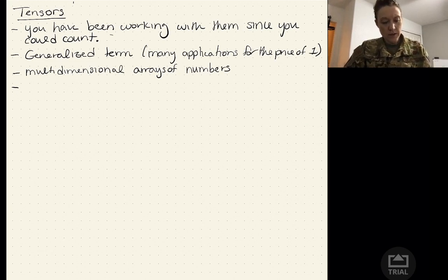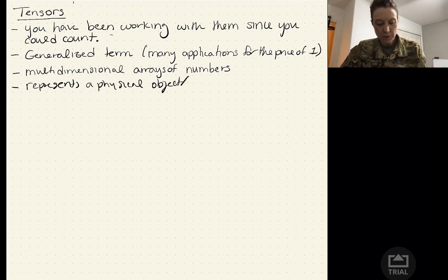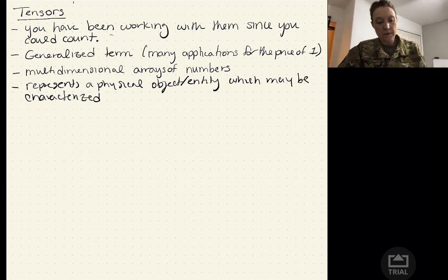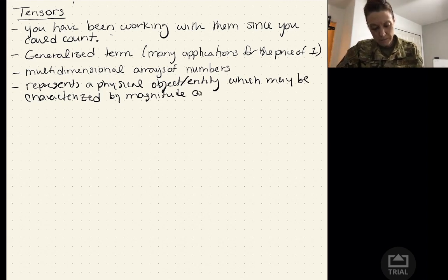We would say a tensor represents a physical entity or an object, which may be characterized by magnitude and multiple directions simultaneously.